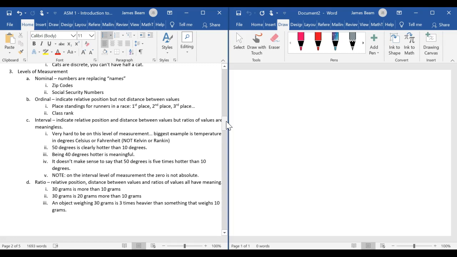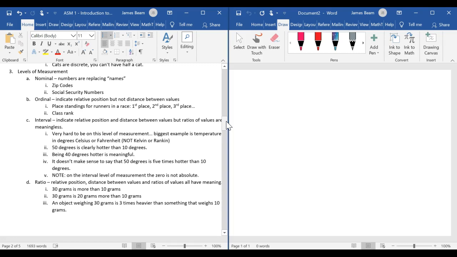So again, it's a place of a number standing in for a name. There's nothing better about 21221 than 21222. It's just that they're different places. So that's the nominal level.